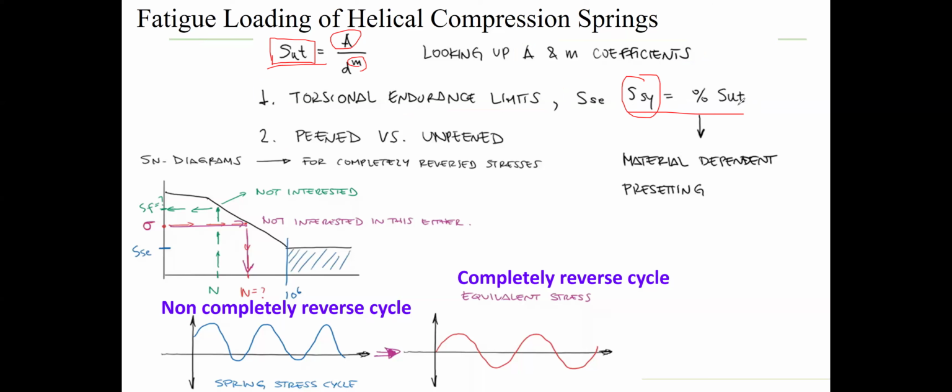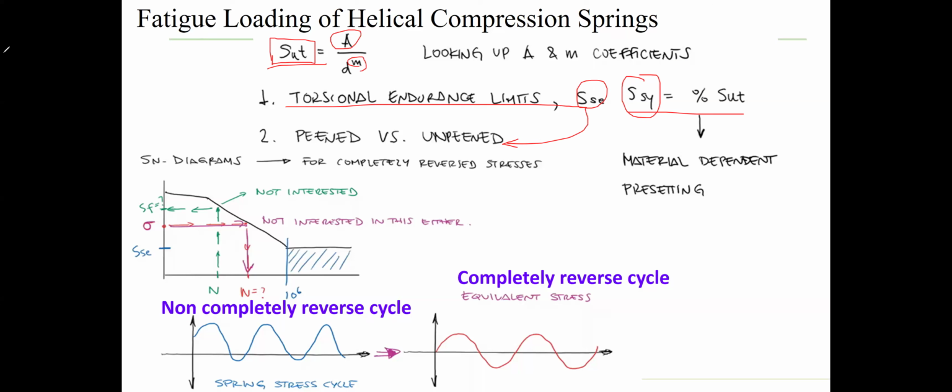Then we have to look at the torsional endurance limit, SSE. It depends on the material's property and whether it is peened or unpeened.